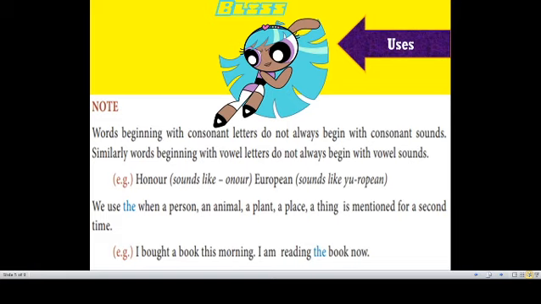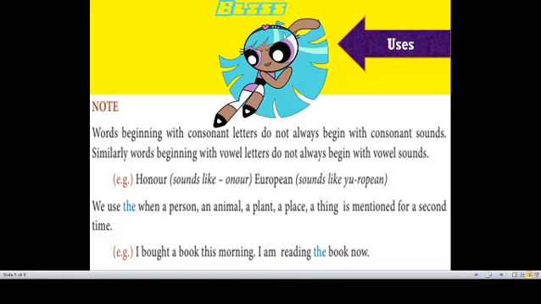Instead YU is pronounced at the beginning of the word European. YU அப்படிங்கிறது இந்த beginning of the wordல pronounce பண்ணப்படுறதுனால then it becomes a consonant sound. Y is a consonant sound. In this way, we should be very careful in putting articles a or an before the words.